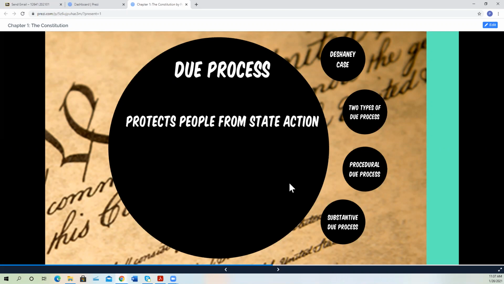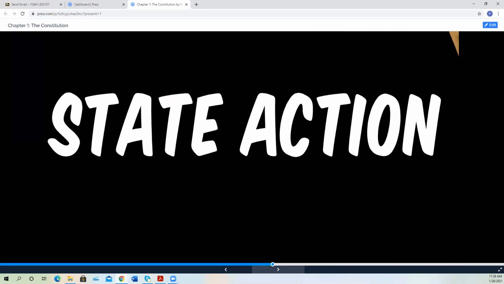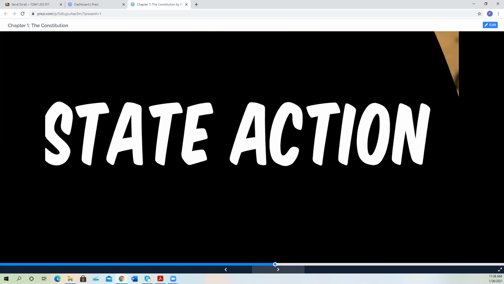It does not protect people from citizen versus citizen. So the citizen cannot violate your 14th Amendment due process rights. Only the state or the federal government can. So it protects us from state action. And by state, we mean either a state or a federal government.